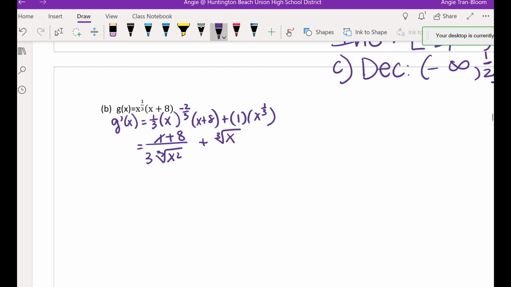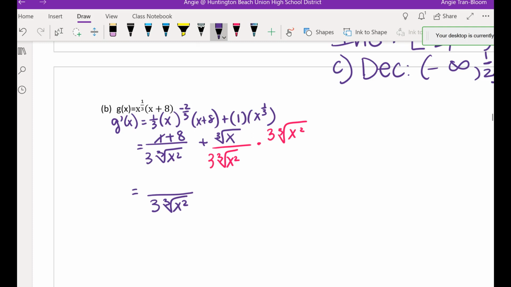Is that okay? Let's find the common denominator. What is it? 3 cubed root of x squared. Yes or no? What you multiply to the bottom, you multiply to the top. All right. On the bottom now, we have a common denominator, 3 cubed root of x squared. Did the top get any prettier or no?